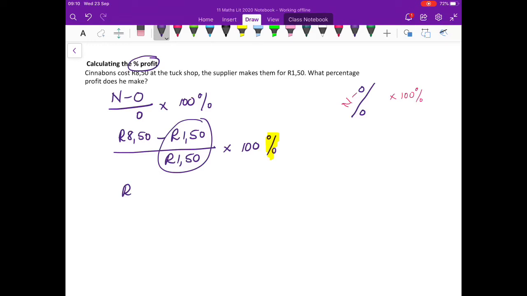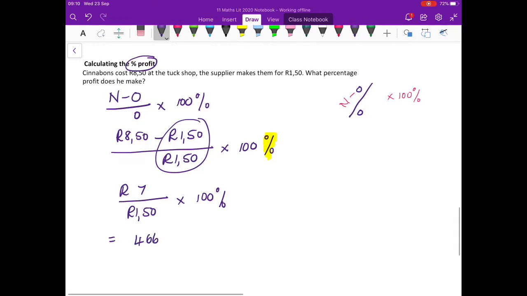So new minus old gives me R7 over R1.50 times 100%, and that would equal 466.66 recurring percent. I'm going to round it off to 1 decimal place. Look at the neighbor, 5 or more, let it soar, so it's going to be 466.7%. That is what the supplier is making on a Cinnabon.